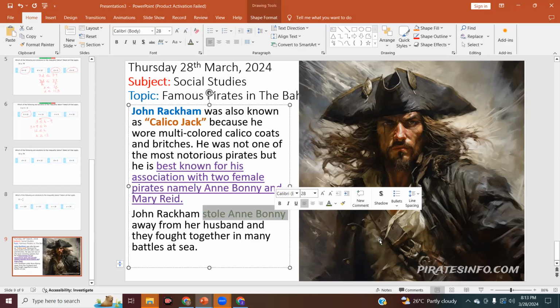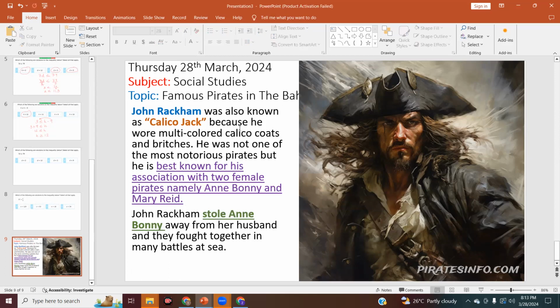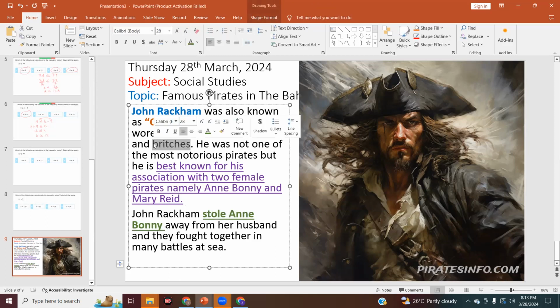Okay, this is John Rackham, there's Calico Jack.